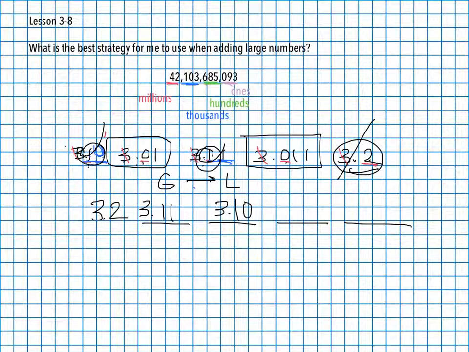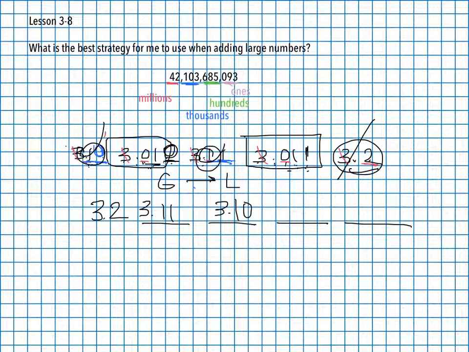Now we have 3.01 and 3.011. Here the 0s are the same, the 1s are the same, and now we go to the third digit, which is a 1 for one number and nothing for the other. Or we can fill it in and make it a 0. So now we have 3.010 and 3.011.